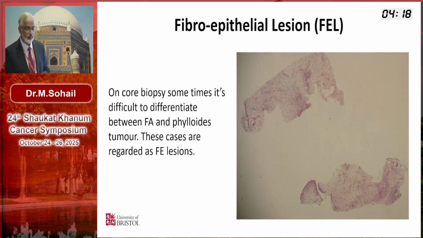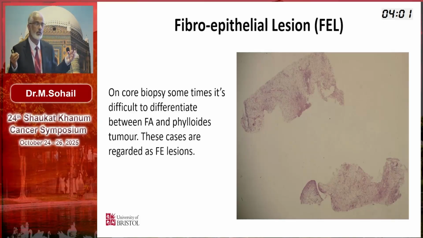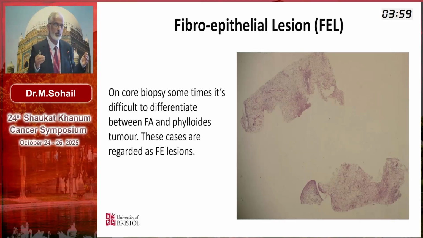Now coming to fibroepithelial lesions. As you know, these mixed tumors, fibroadenomas and phyllodes tumor, together are called fibroepithelial lesions, and similar to ADH and in situ lobular neoplasia, on core biopsy it may be difficult to differentiate between fibroadenoma and phyllodes tumor, because the difference is, number one, the leaf-like growth pattern.